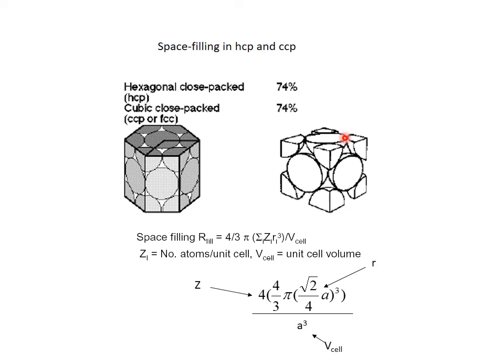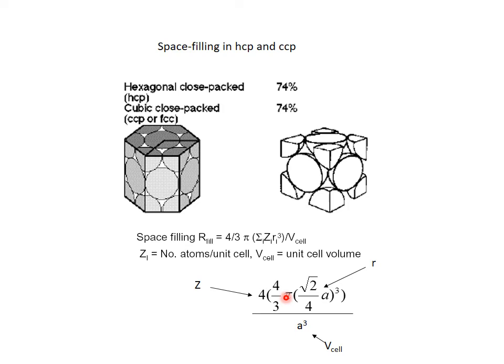Now what is the volume of a single sphere? It's the square root of 2 times a over 4, to the power of 3, times 4/3 times pi, because that's the formula for the volume of a sphere.